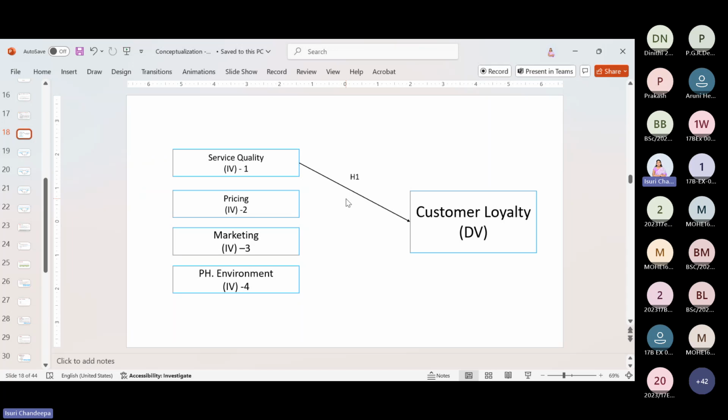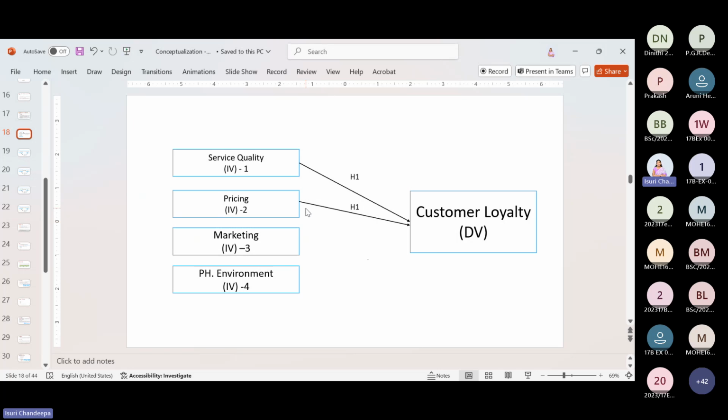Now, the second one shows the relationship between pricing and customer loyalty, another independent variable. The relationship between pricing and customer loyalty, the second one.